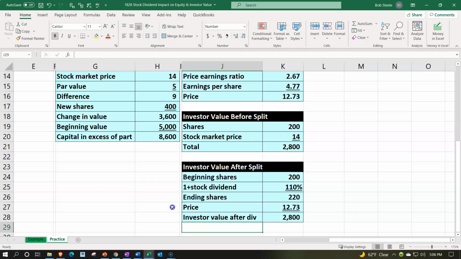We're at the 2,800 again. And that's what you would expect to happen, even though the market price is determined by the market. You would think that given we had a stock dividend impacting just the number of shares, not having any other underlying impact on the assets or liabilities, it should be reflected by the market, in essence giving a value that you would expect to be basically the same at the end of the day.